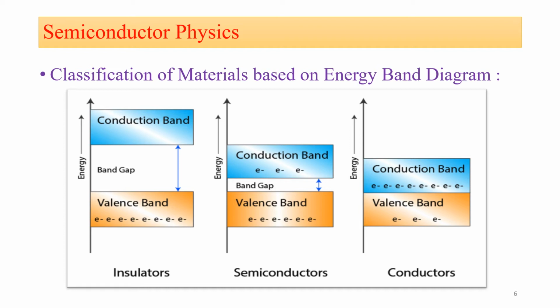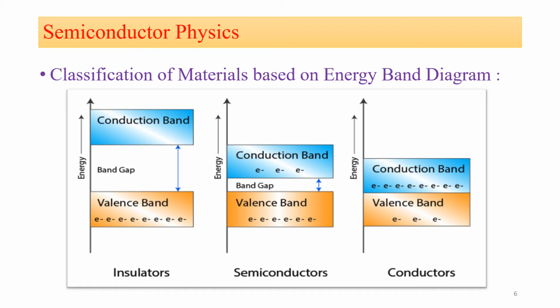Now what is an insulator? An insulator is a type of material which is not a good conductor of electricity. Now if you see the energy band diagram of an insulator, then you will observe one effect, that is the forbidden gap or the energy gap between the conduction band and valence band is very wide.